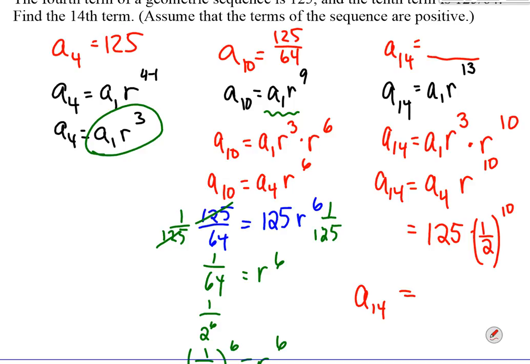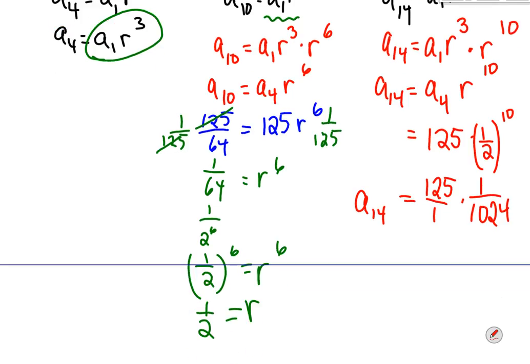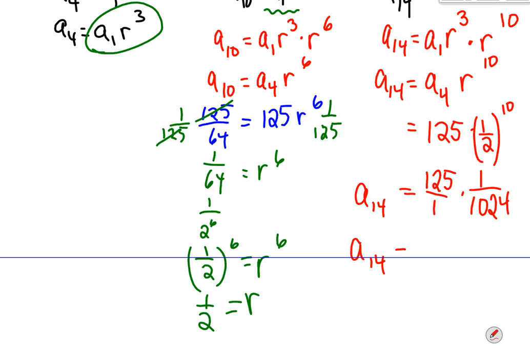I could have found a sub 1, because now that I know r is 1/2, I could have backed up to find it, but I just did this, so I'm just going to do it again. So 125 over 1 times 1 over, I think that's 1024, yeah, 1024. So a sub 14 is 125 over 1024.